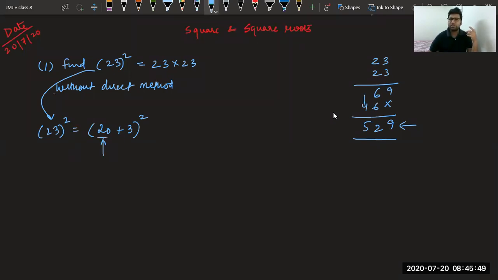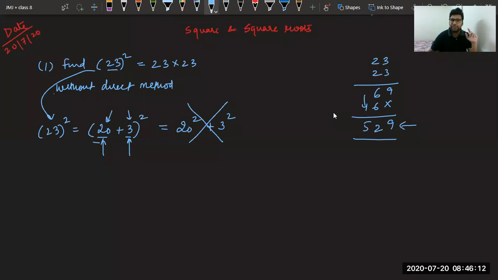It is easy for us to find square of 3. They both are easy numbers, but 23 we cannot tell directly. Now you must be thinking the answer is 20 square plus 3 square. Wrong. It is not the answer.